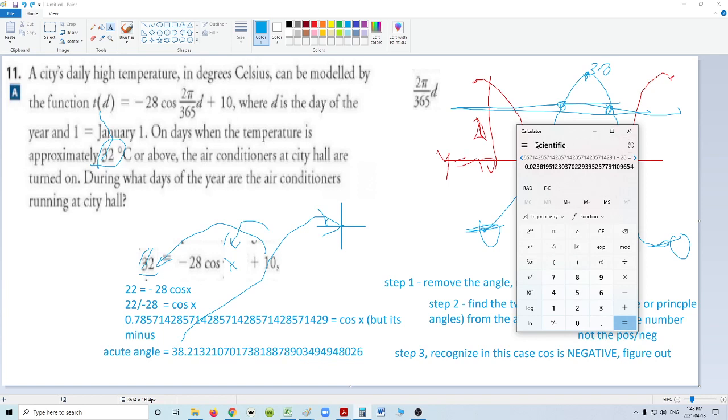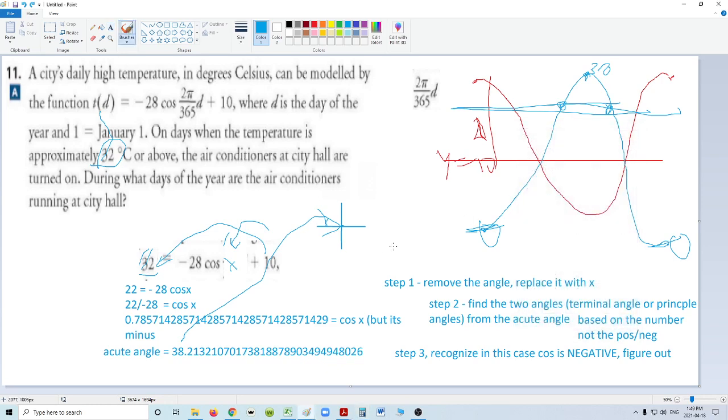Oh, yeah, it was in radians. That's what's going on. So 22 divided by 28 is equal to that, and making sure I'm on radians, I go to trig inverse cos. So I get 0.666 radians. So we're just going to remember that and see if we do indeed get 0.6666 radians.